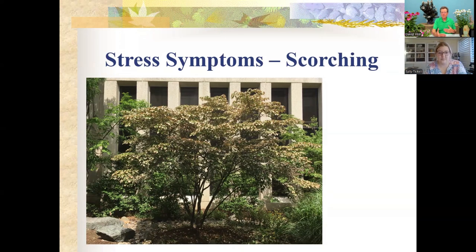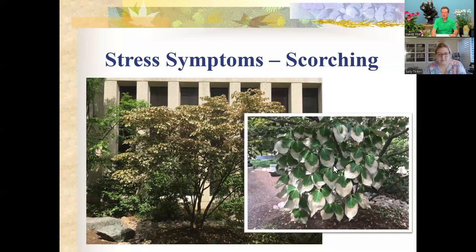And I'm convinced something about the location, the posture, the angle of the sun, because you can see all these glass windows, while the other side is a similar construction. I'm convinced that the way the light's reflecting puts this particular tree under severe stress. And this is what happens. So the scorching, you can see how uniform and consistent all this is around the outer edges of the leaf.